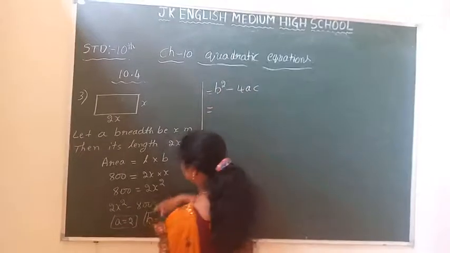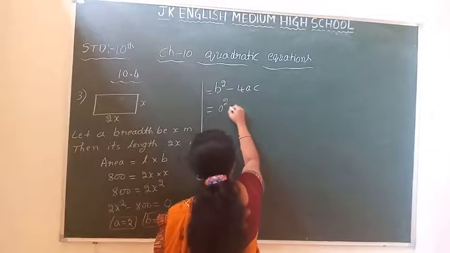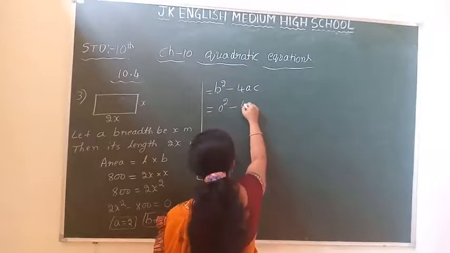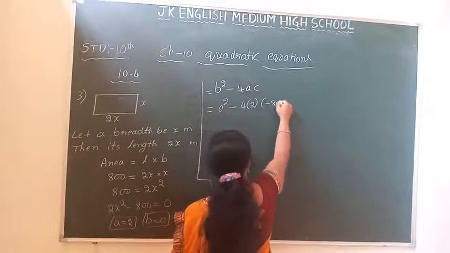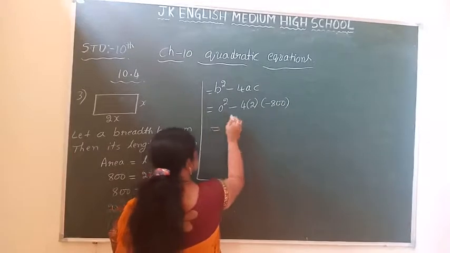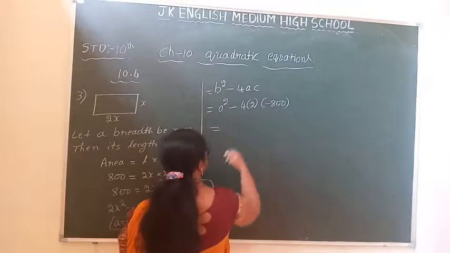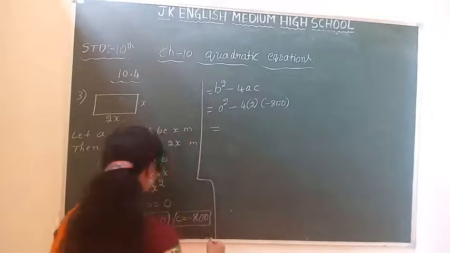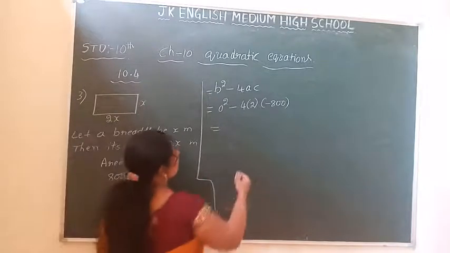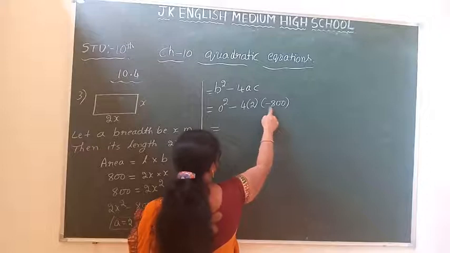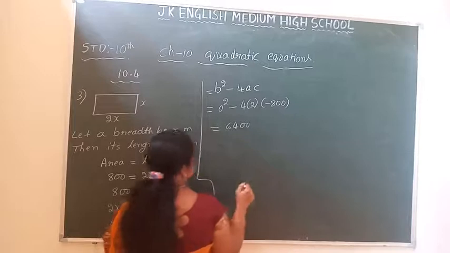Substitute the value of b as 0, 0 square is 0 only, minus 4ac, minus 4, a value is 2, c value is minus 800. 0 square is 0, minus into minus is plus, 4 2s are 8, and 8 8s are 64, so 6400.